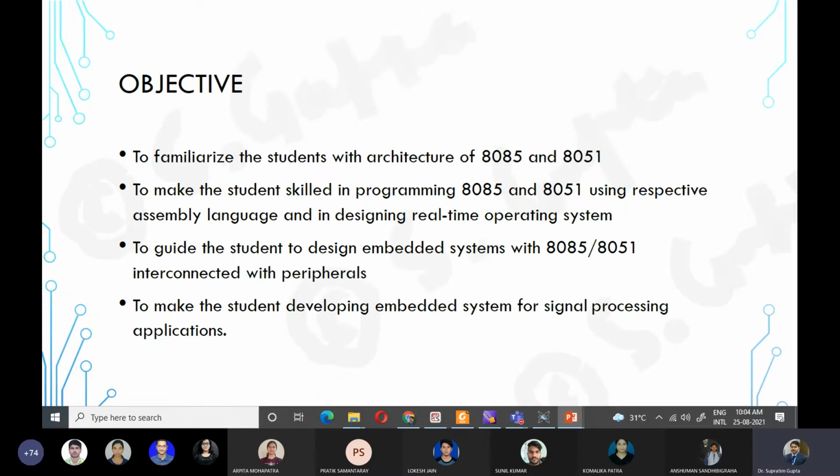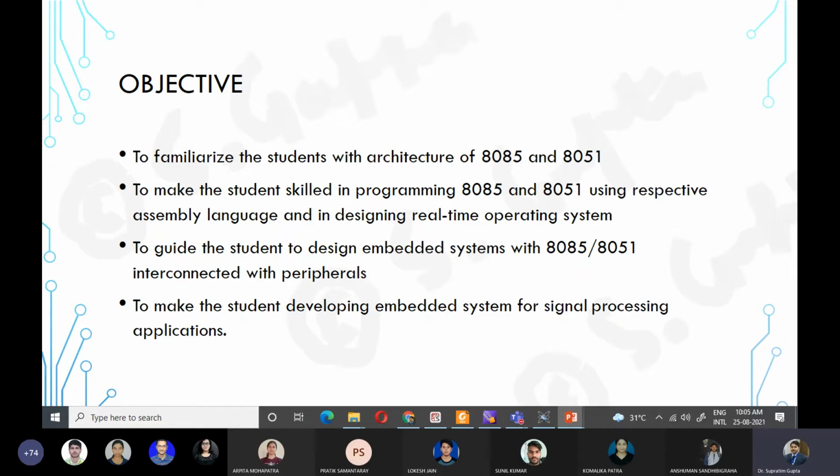So what is our objective here? We want to familiarize you with the architecture of 8085 and 8051. Now, the question is that in industry or market, there are so many processors, and these are very fast processors.